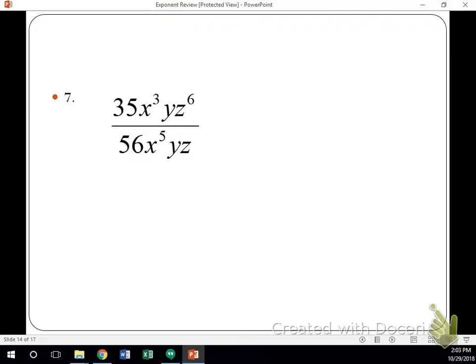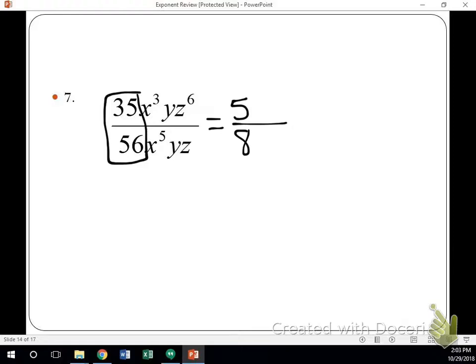Remember, the first thing we want to do is simplify the coefficients out in front like we would a fraction. What are both of those numbers, 35 and 56, divisible by? 7. What's 35 divided by 7? And 56 divided by 7 is 8. All right, so we did those.